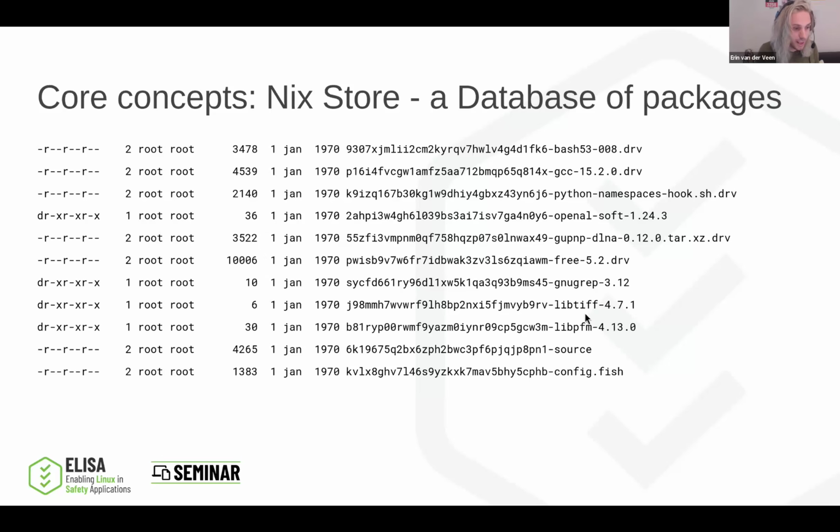So for instance, here, I don't know if you can see my cursor, but around halfway, there's GNU grep. On my system, I have GNU grep explicitly declared as a package that I want to install. And so when I build my operating system, the Nix daemon adds it to this store, right?